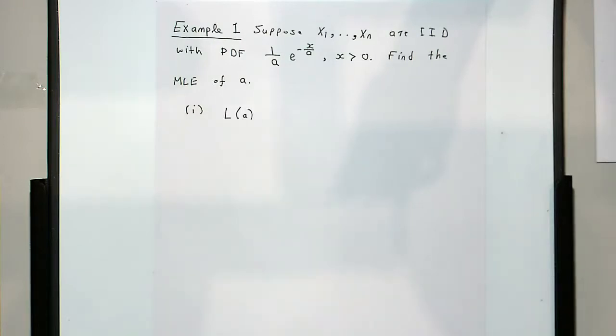The likelihood function is a function of the parameter A, right? So in this case, the likelihood function is the product of the density function for i from 1 to n, right?